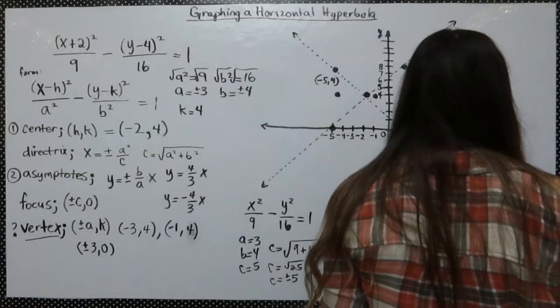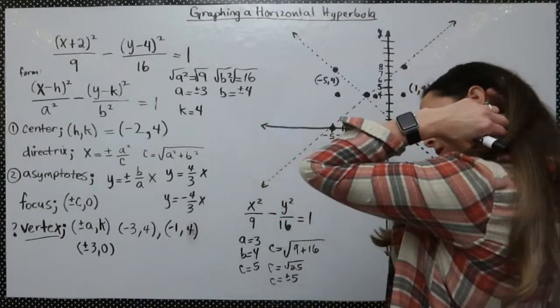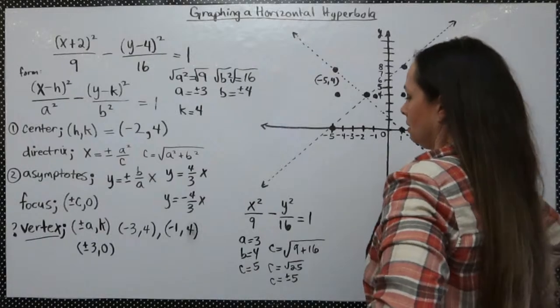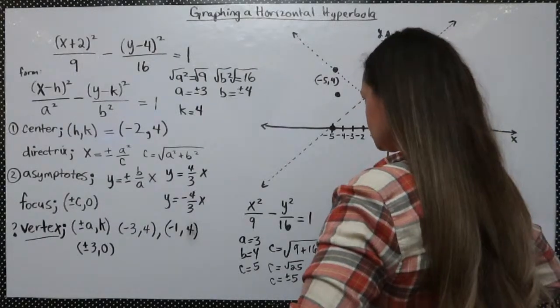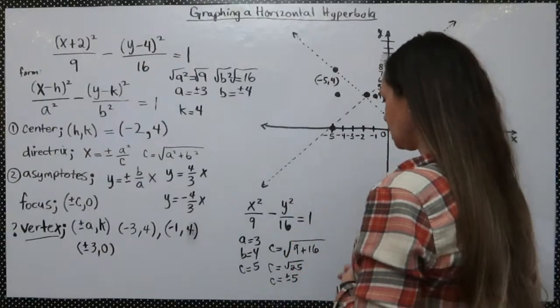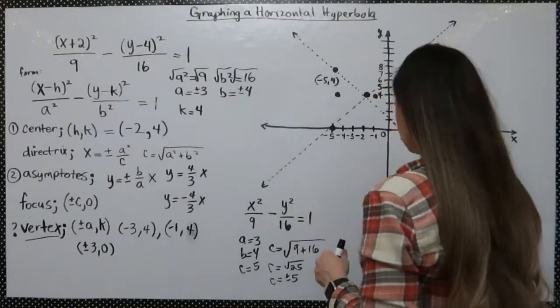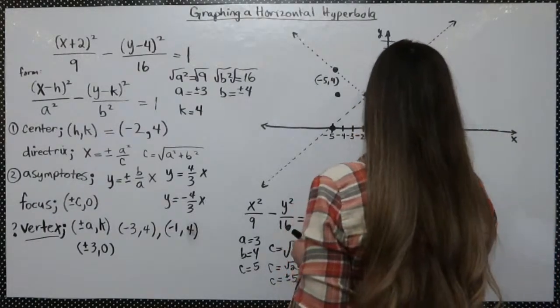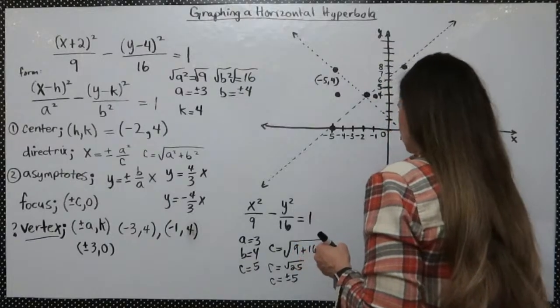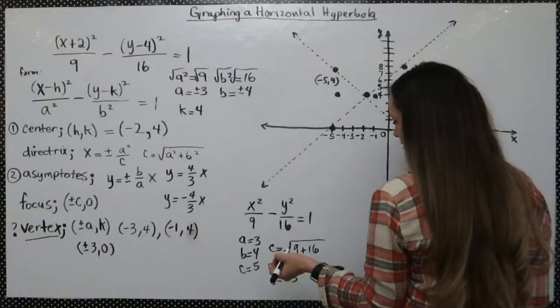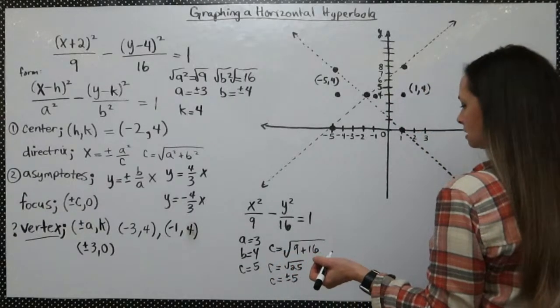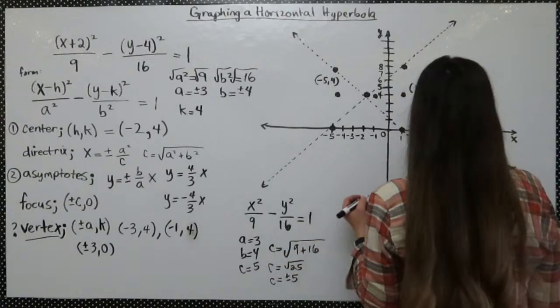And then let's see what else we gotta do. What I want to do is I want to take this equation, and since I have a little bit of room down here, I'm going to solve it for y and then plug in some points here so that I can get a table.